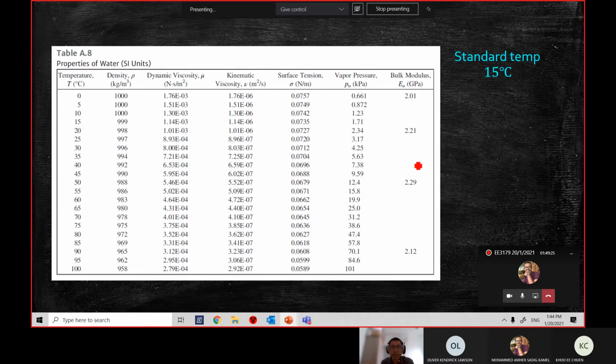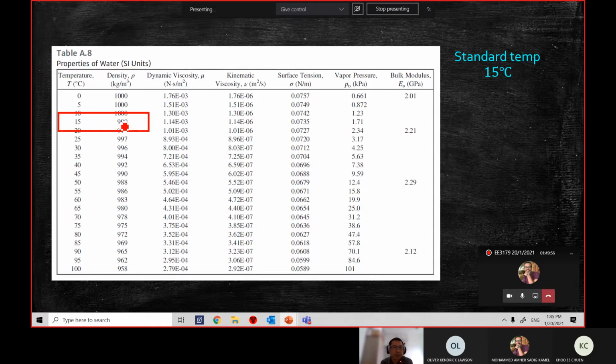In this case, we will use 15 degrees C for this example. For this example, we assume standard temperature is 15 degrees C. So we focus on this density value, 0.99. The unit that we use in table A8 is kilogram over meter cube.